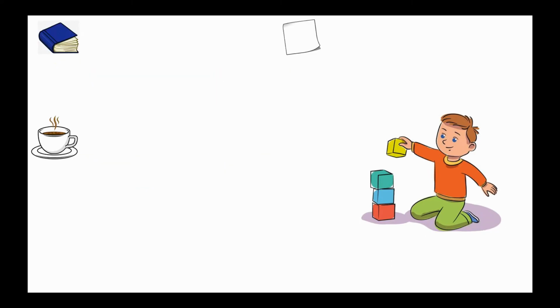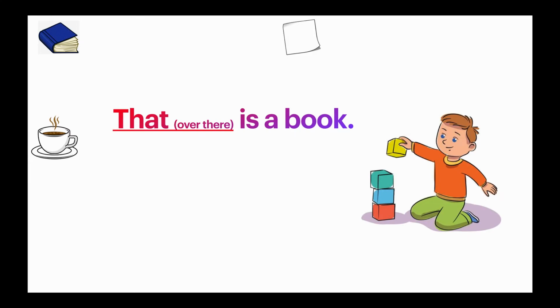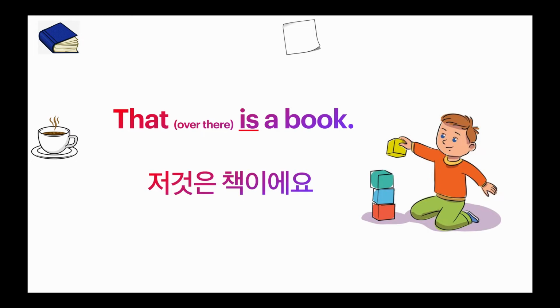Oh my gosh, that troublesome wind, it just blew everything away again. That over there is a book. That over there, 저것, plus the topic particle, 저것은 book, 책, is. 이에요. 저것은 책이에요.